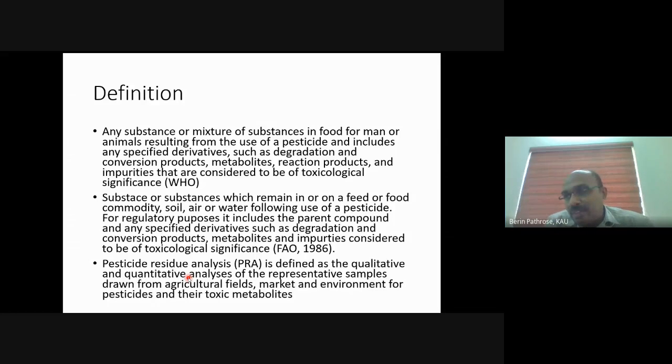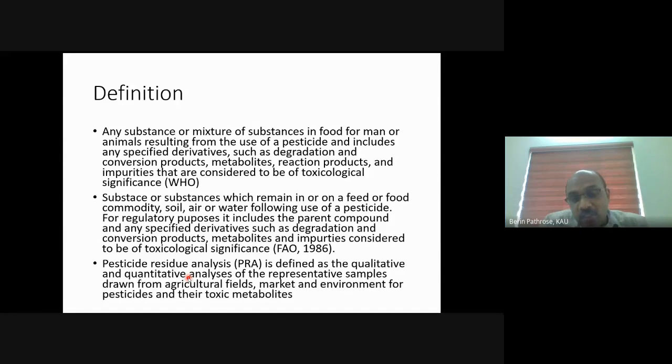Sampling should be representative, otherwise all the data will go wrong. So samples should be drawn perfectly, and we usually draw samples from agriculture fields, from the farmer itself. We usually call it farm gate samples. Repeat the term farm gate sample. Or we sample from markets, which we call market samples, or we can sample from the environment. Environment means soil, air, or water.